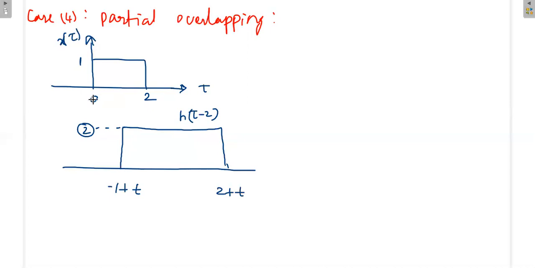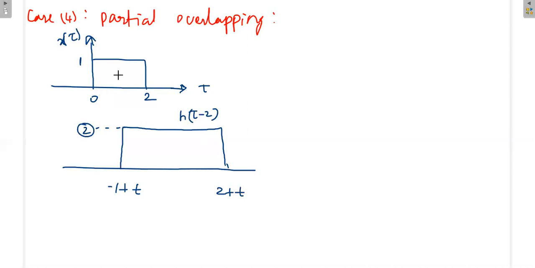Except at t equal to 0 and at t equal to 2, if you start at any other point, you will definitely get partial overlapping. If you start just beyond 2, then you will get no overlapping. If you start exactly at 0, there will be complete overlapping.